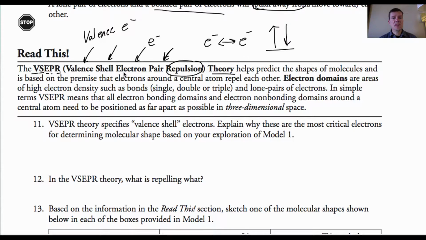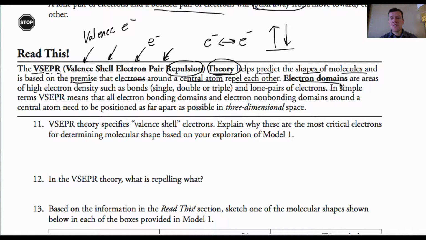So the valence shell electron pair repulsion theory, VSEPR theory, helps us predict the shapes of molecules and is based on the premise, the idea, that electrons around a central atom repel each other. They're going to push away from each other while still being connected to that central atom.